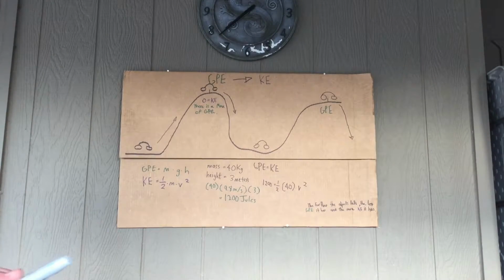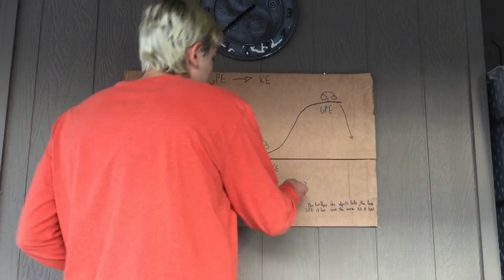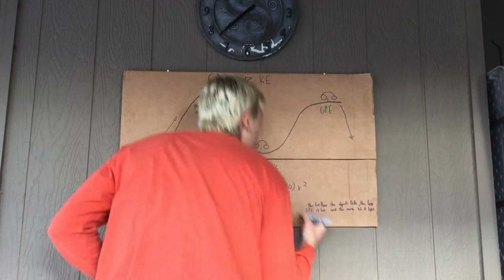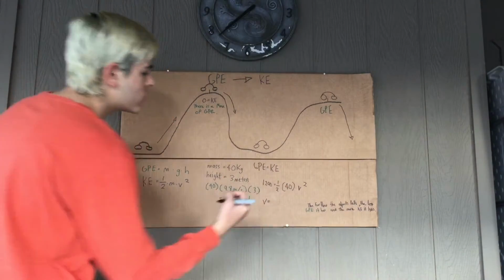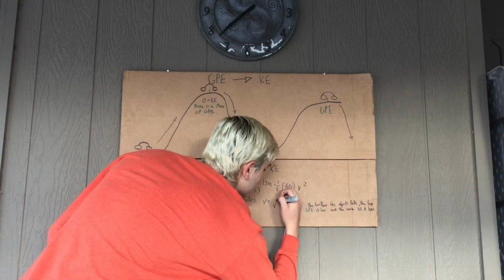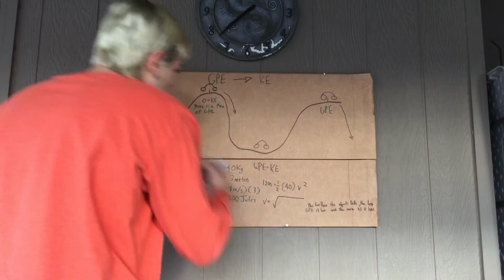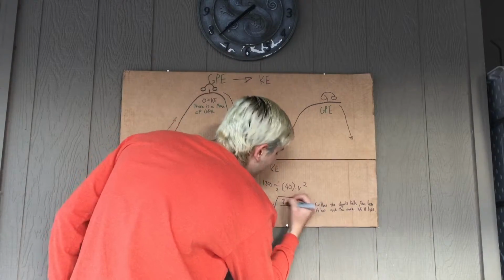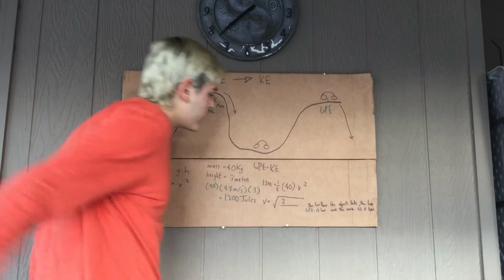And then from there, to find velocity, since this time it is squared, we square root that. We divide, and we multiply by 2 because we try to cancel out the 1/2 right here.